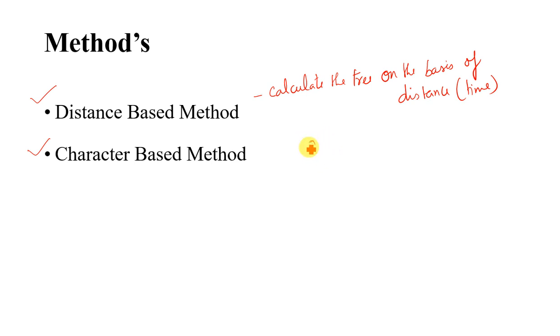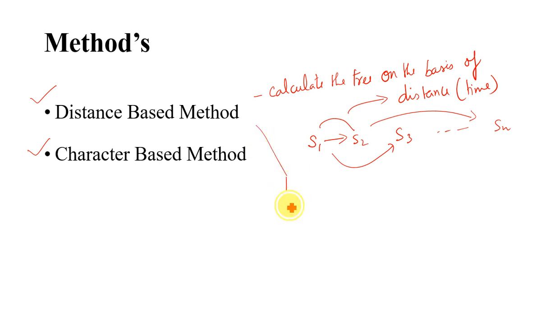Suppose this is species 1, species 2, species 3 and so on, species n. How did they evolve? What is the process of evolution? How far they evolved from one species to another species, that is the distance, that is the time we will calculate. On this analysis, we can construct the phylogenetic tree.